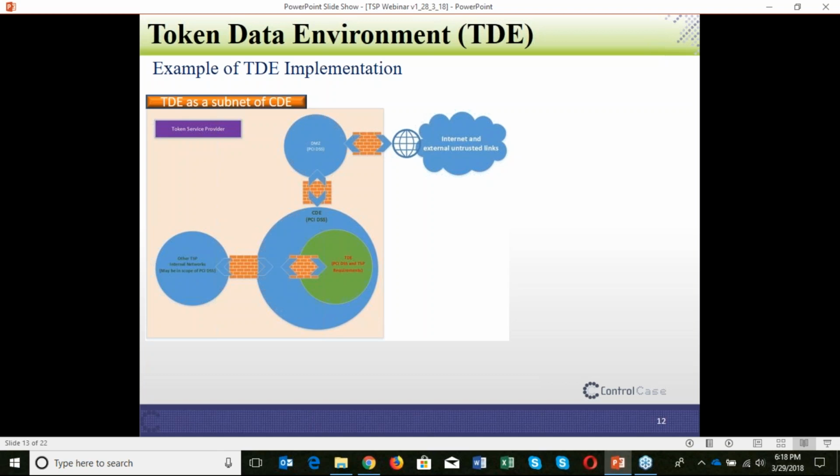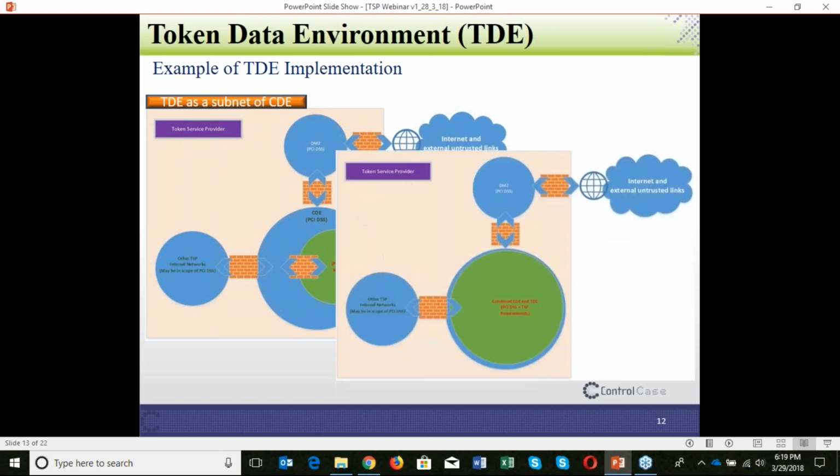They will segment a TDE within the CDE. So all the PCI DSS controls will be applied to all the systems, plus the systems within the segmented TDE need to be managed and apply all the TDE controls. The rest of the network will be PCI, and this subset will be the TDE.